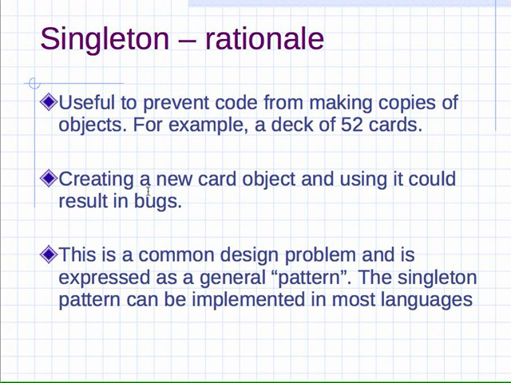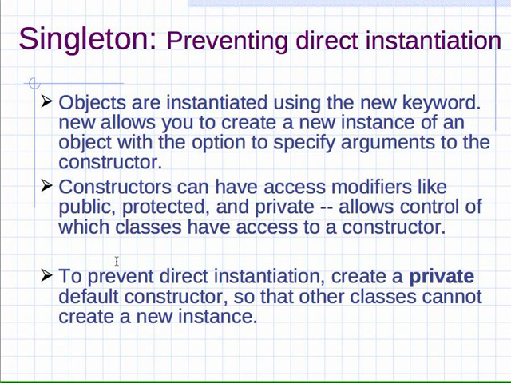So this is a common design problem and is expressed as a general pattern, that's the singleton pattern, and it can be implemented in most languages. Every language is a tiny bit different. In Java, you'll see that there's a bunch more things that we can do than was shown in the C# example that we looked at.